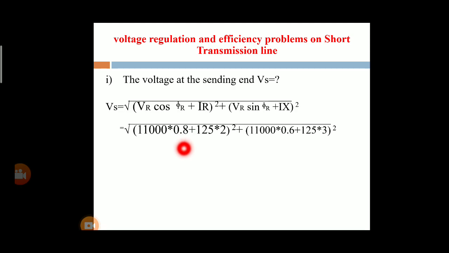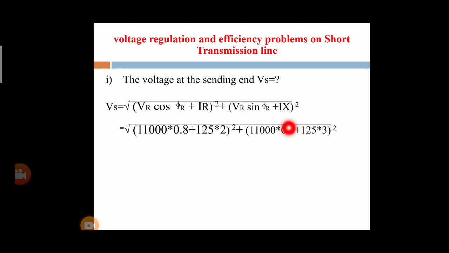Then sine of 36.6 degrees is 0.6. By using the given cos phi R, we find out the sin phi R, that value is 0.6.